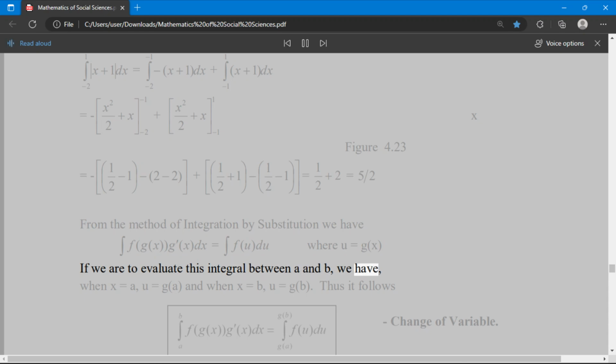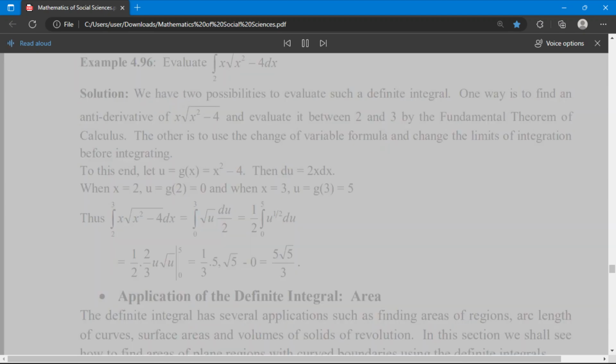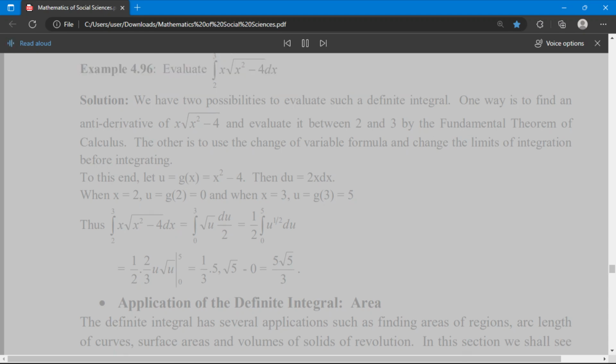If we are to evaluate this integral between a and b, we have, when x equals a, u equals g(a), and when x equals b, u equals g(b). Thus it follows. Change of variable. Example 4.96. Evaluate the integral.